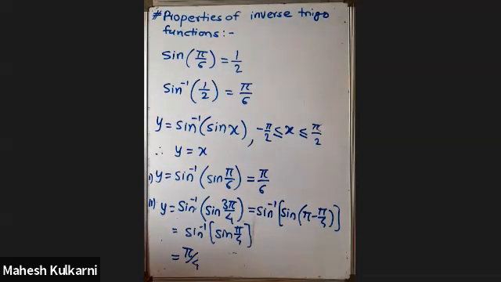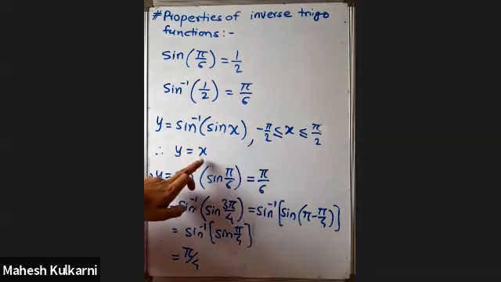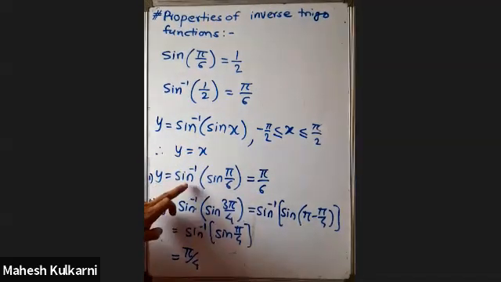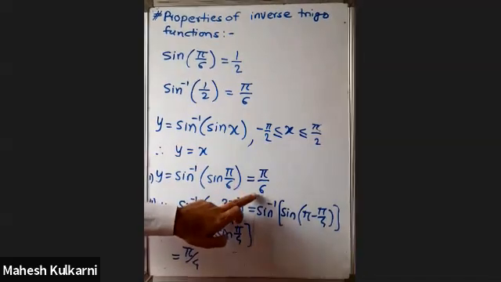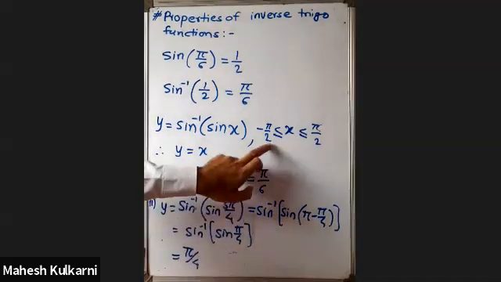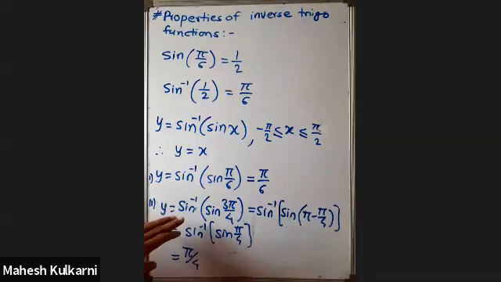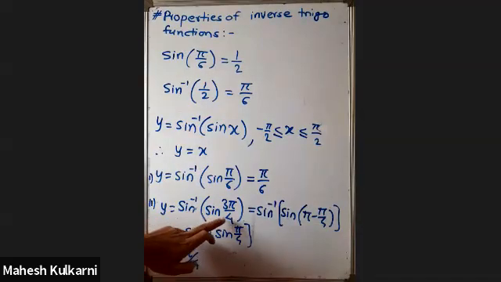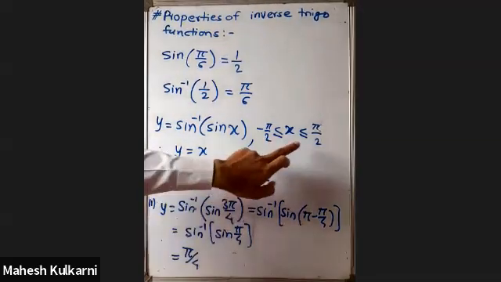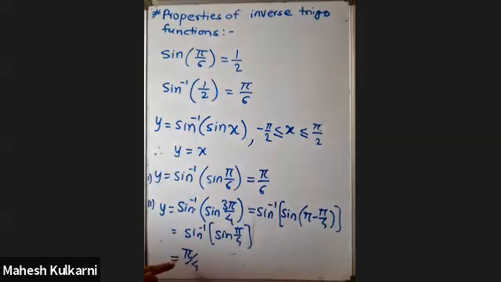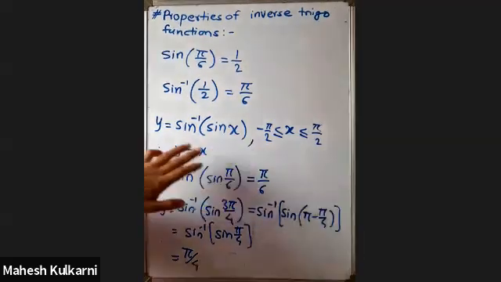Okay, so see once again, sine inverse of sine x is x. Sine inverse of sine pi by 6 is directly pi by 6 because pi by 6 belongs to this interval. But sine inverse of sine 3 pi by 4, we cannot write directly x, that is 3 pi by 4 here, because this value is not in this interval, that is the principal value branch of sine inverse function.